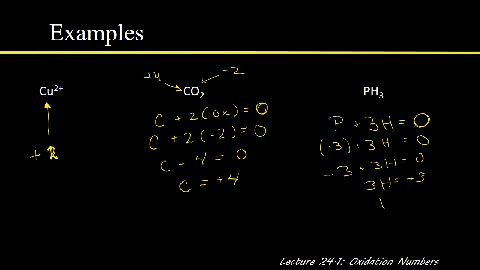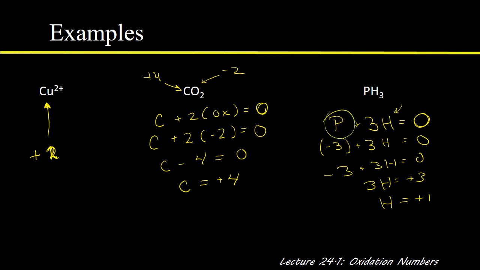Okay, but we knew that hydrogen was going to be +1, right? Hydrogen's either +1 or -1, and it's +1 anytime it's bonding to nonmetals like phosphorus, right? So we could just put in +1 for hydrogen and then solve for phosphorus. We could have done that either way around.